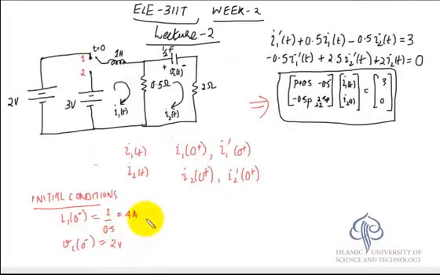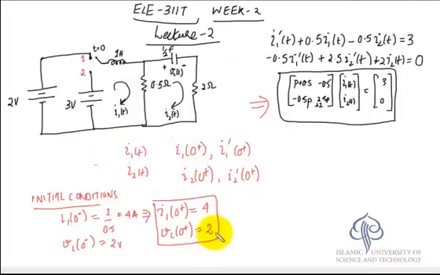So from this information, this implies that I1(0+) is going to be 4 and Vc(0+) is going to be 2, because the inductor current and the capacitor voltage are going to be continuous, as there is no impulse in the source, as we have seen in detail before.